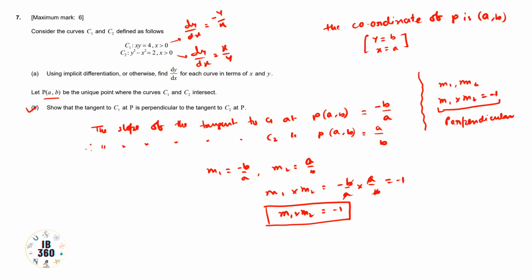It means the tangents are perpendicular to each other. Using the formula, we have proved that the tangent to C1 at P is perpendicular to the tangent to C2 at P. As m1 into m2 equals minus 1, this is proved.